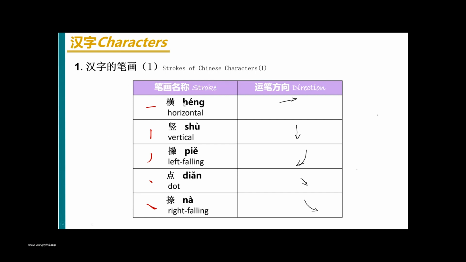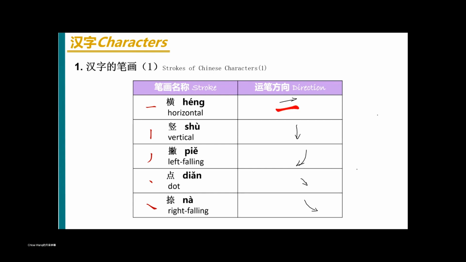Okay, let's start from the first one, 横. This English name is also the explanation of it. So 横 literally means a horizontal line, a short horizontal line. And how we write it is like this. Once again, 横.